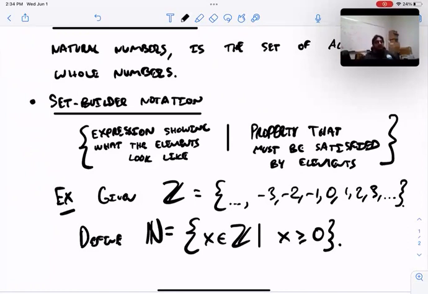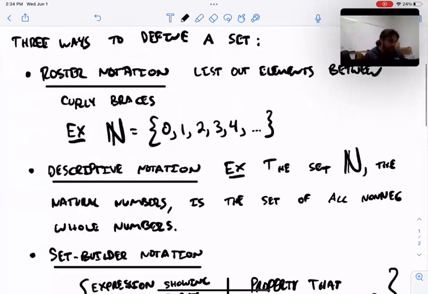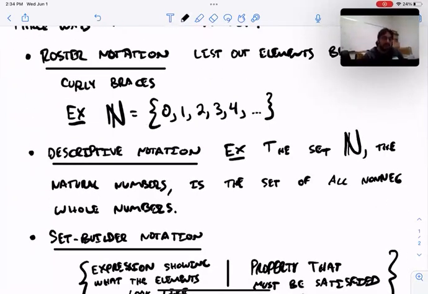Now we're spotting ourselves the integers to then get the naturals, but it's a perfectly good way to write it down. So these are the three main ways that we'll write out sets. We'll either describe them, that's probably the least formal way. Roster notation is often very convenient, especially if you have a finite set with a small number of elements. You can just list them out.